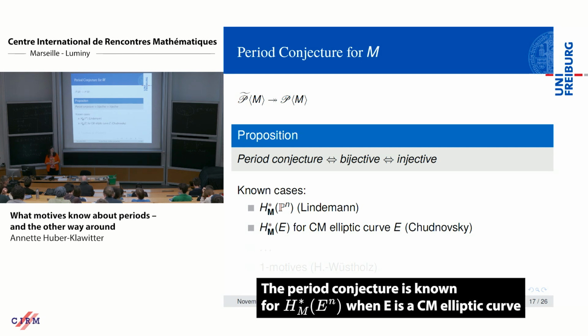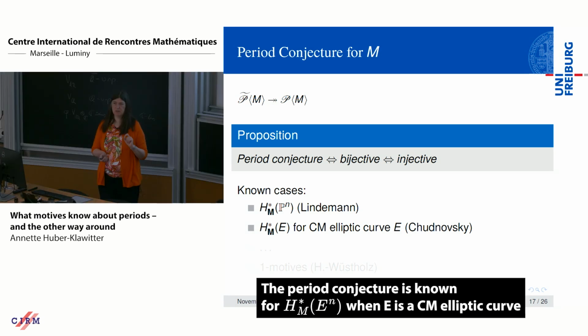Wait, do I know this? You're not convinced. We can talk about that. So I certainly stand by my original statement that the only case where we understand the full motive of an algebraic variety and know that the period conjecture is true is in the case of CM elliptic curves. Note that it's open for arbitrary elliptic curves.